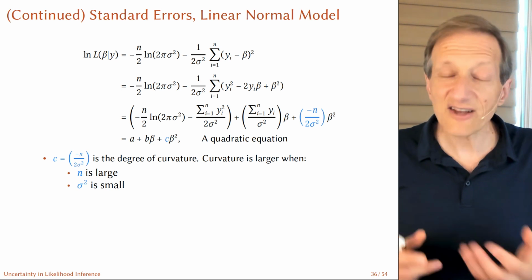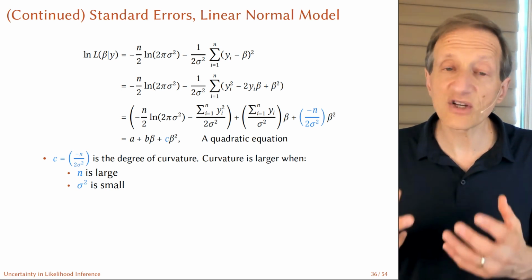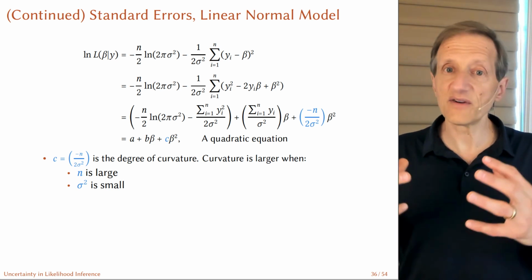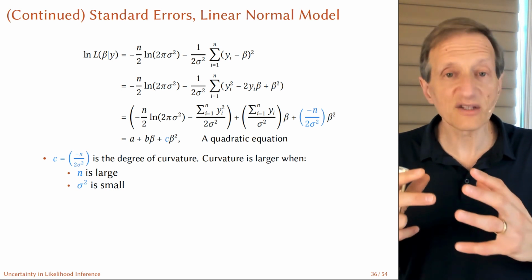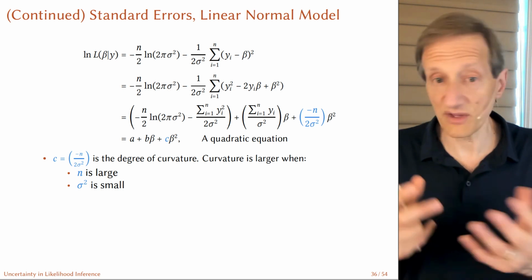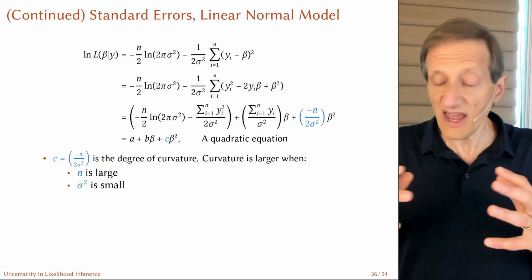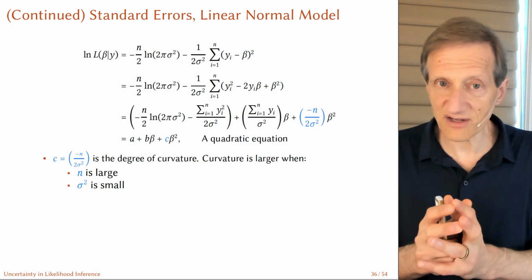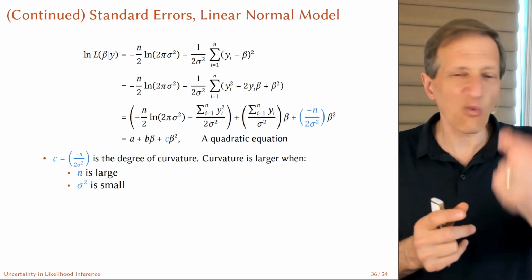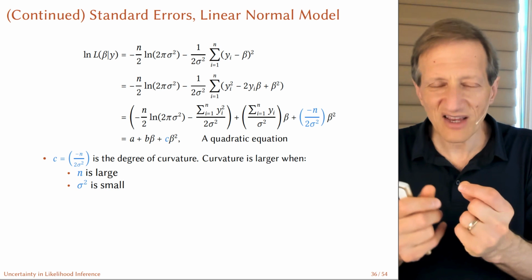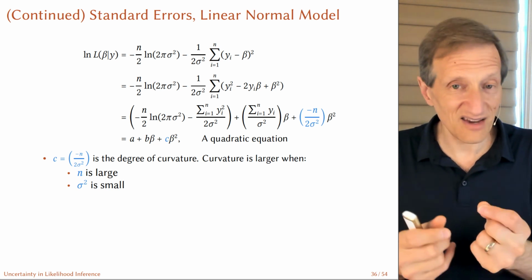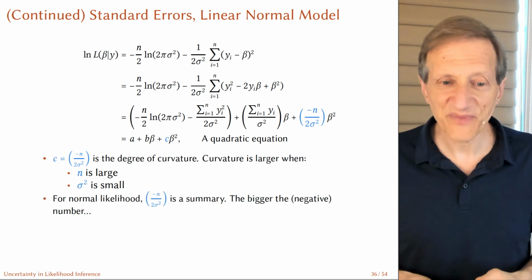Second, there's more curvature when sigma squared is small, when the stochastic component of the model has relatively little variability. Well, that makes sense, right? We actually know more. If there's no variability in the stochastic component, then we draw one observation and we know everything there is to know. So the less variability there is in a stochastic component, the more we know.